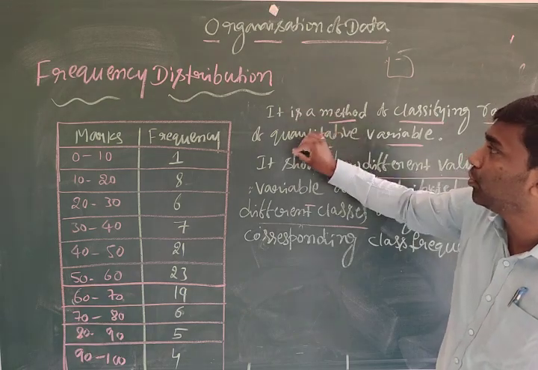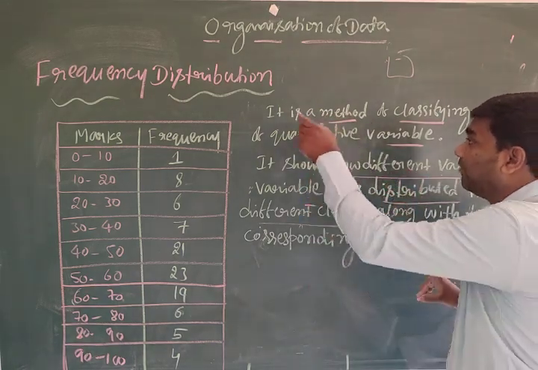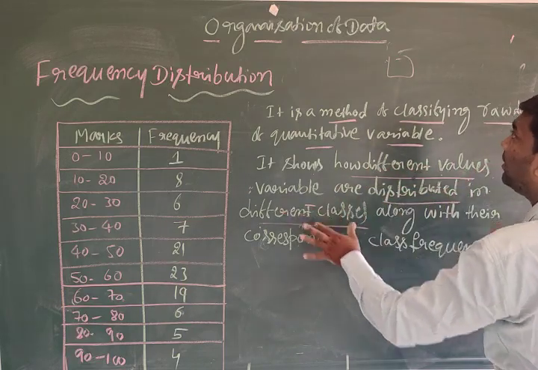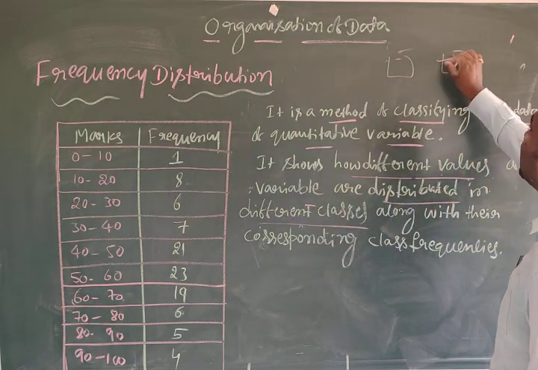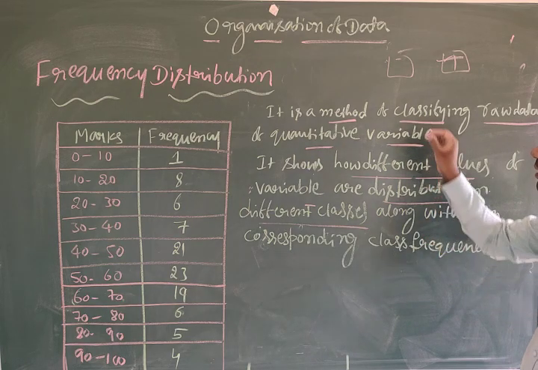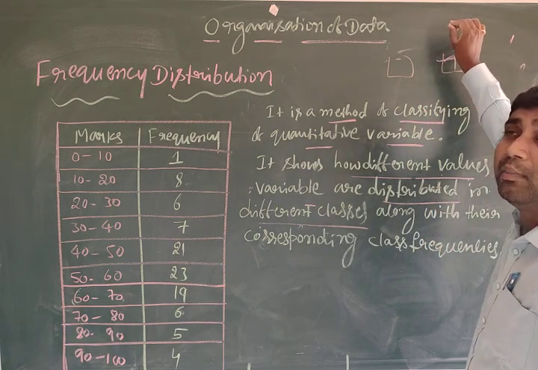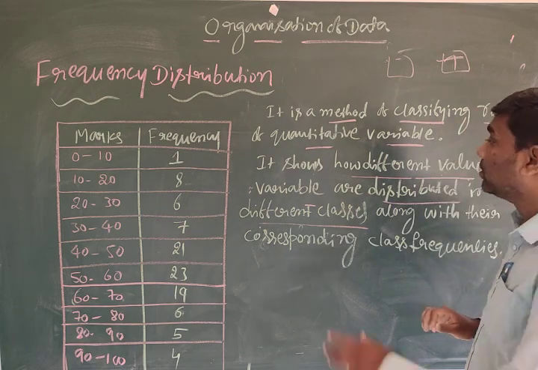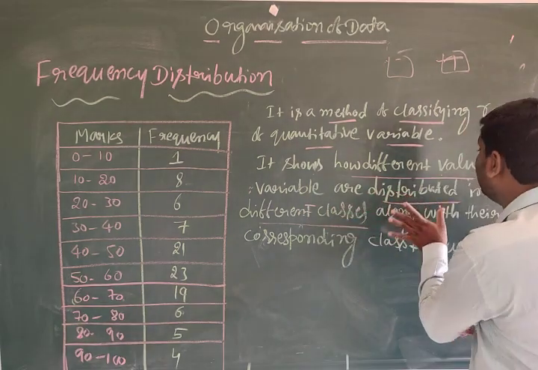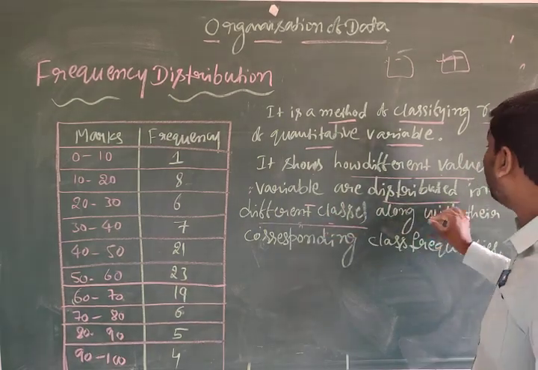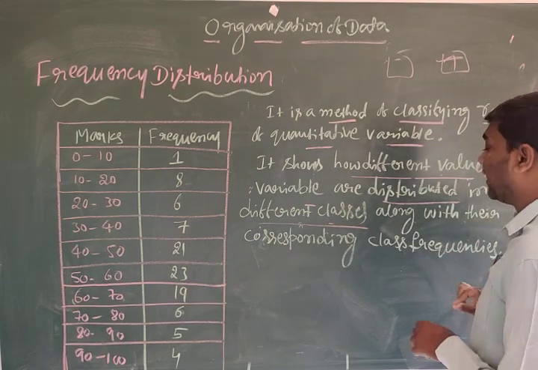The frequency distribution shows how different values of the variable are distributed. Different values means in the table you observe 43, 41, so many values like marks of 100 students. Those values are distributed in different classes along with their corresponding class frequencies.